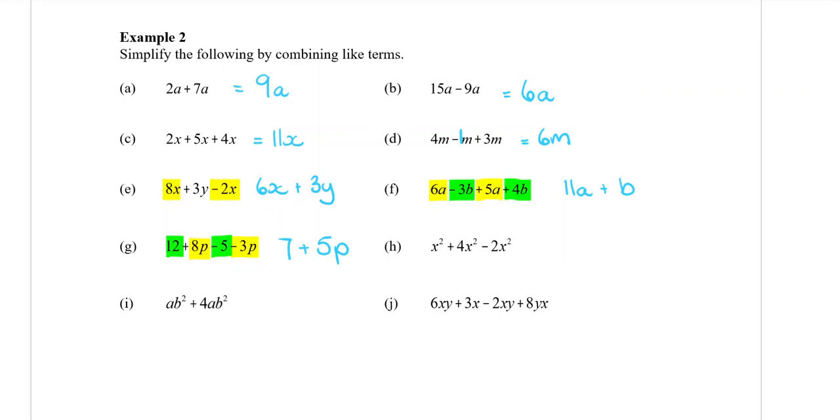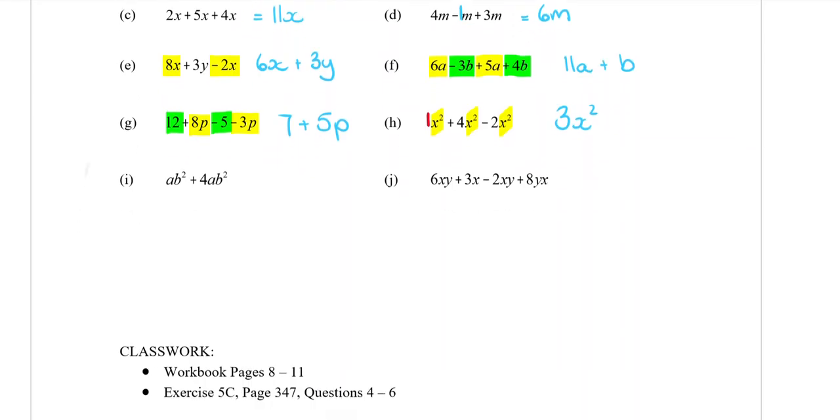Question H. x squared plus 4x squared minus 2x squared. They're all x squared, so they are all like terms. The first one would have a sneaky little 1 in front of it, so let's put those numbers together. We have 1 plus 4 minus 2. That makes 3x squared.